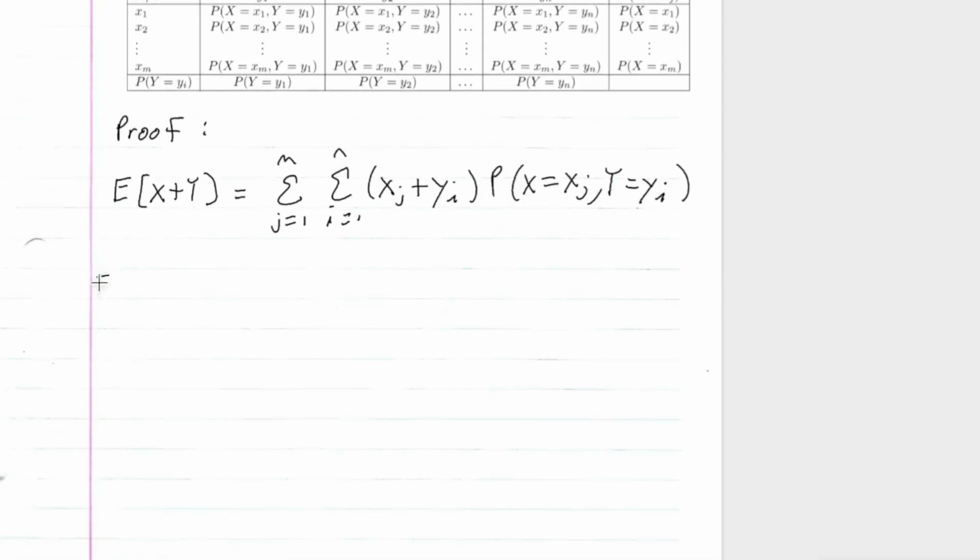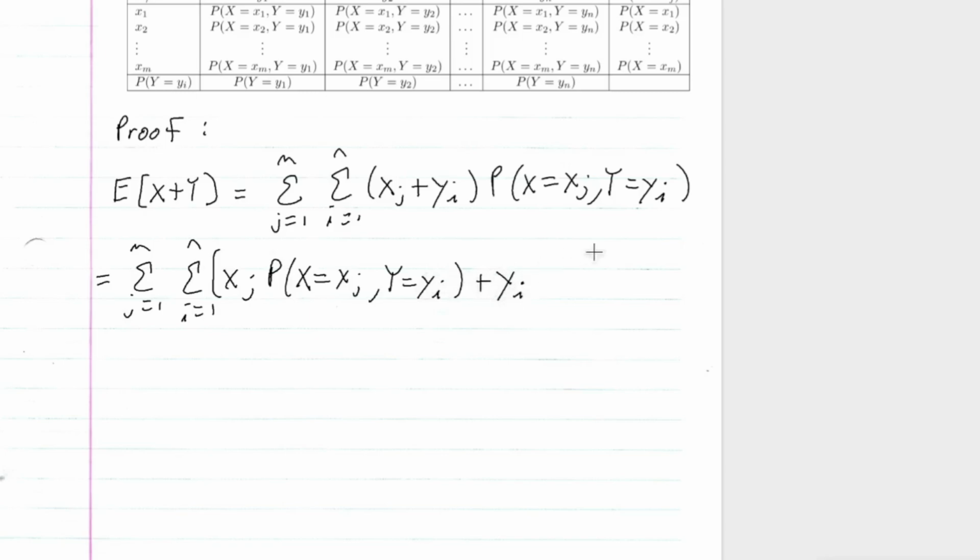So this is equal to the sum, j equals 1 to m, the sum, i equals 1 to n, of (x sub j times the probability that X is equal to x sub j, Y is equal to y sub i) plus (y sub i times the probability that X is equal to x sub j, Y is equal to y sub i).